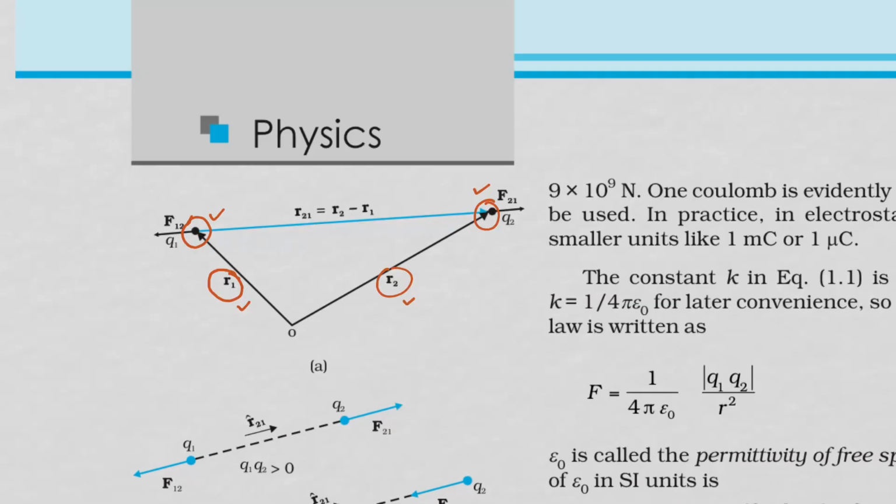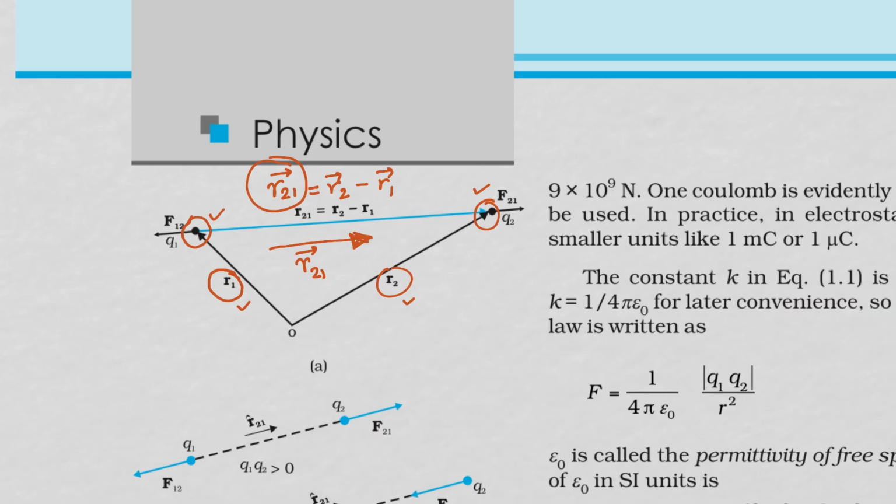For convenience, this vector r21 is actually the displacement between Q1 and Q2 in a particular direction, and this is equal to vector r2 minus vector r1. And how can you see the direction of this displacement vector? It is from 1 to 2. So r21 is directed from 1 to 2.